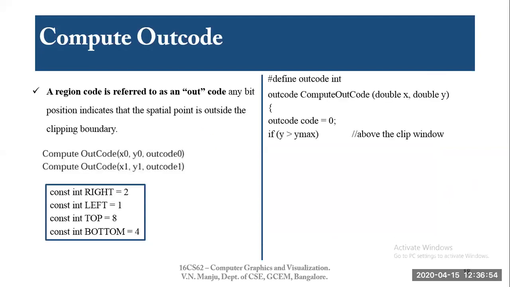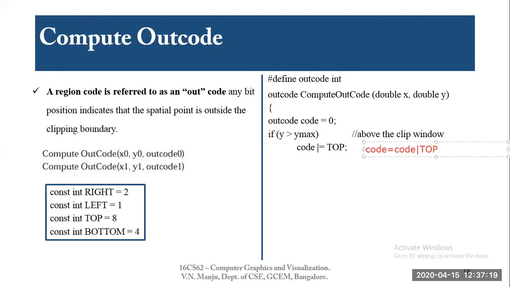So when it is greater than y max, it is above the clipping window. Code is equal to code bitwise OR top. What is the value of top? Top is 8.